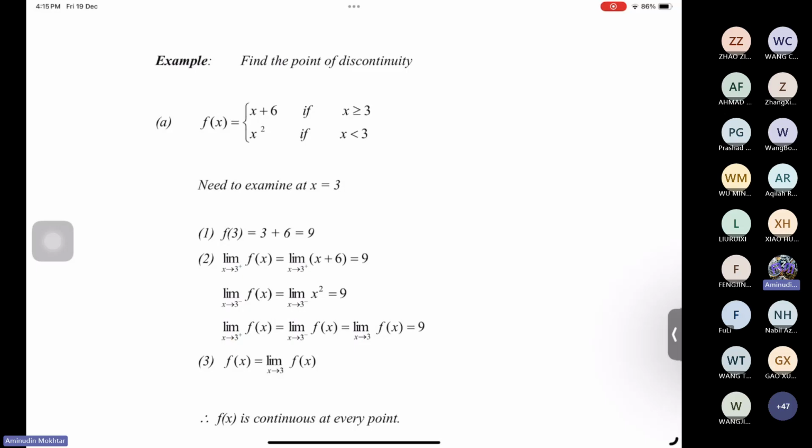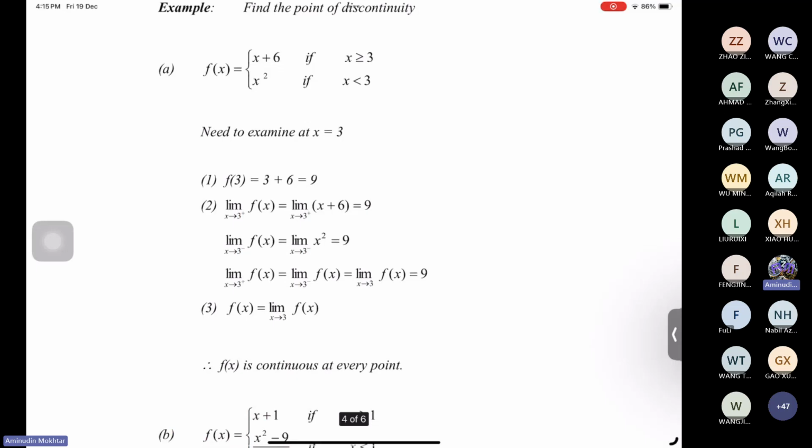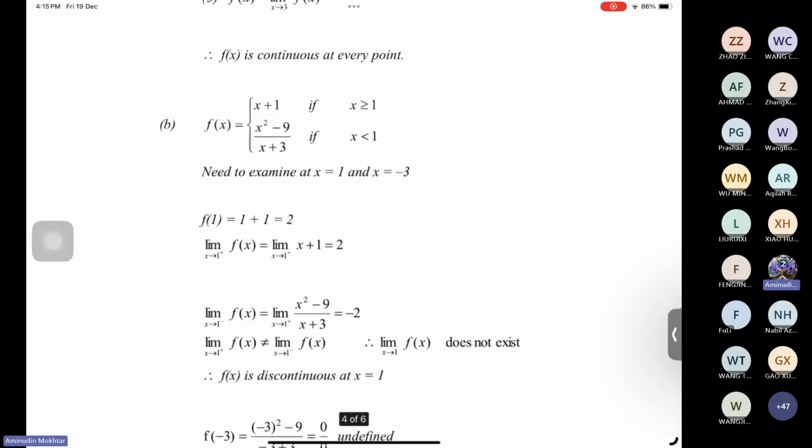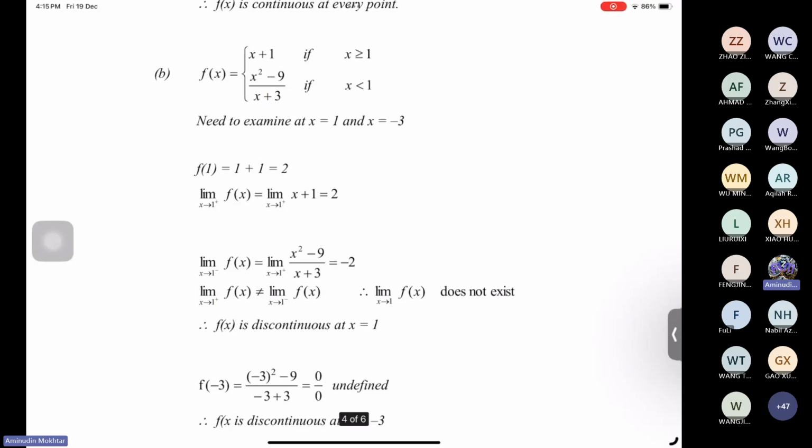I will just share a few tips on how to answer this question. For example, example number one, f(x) is continuous. I would like to choose this section B, example B, because there are two discontinuous points here.